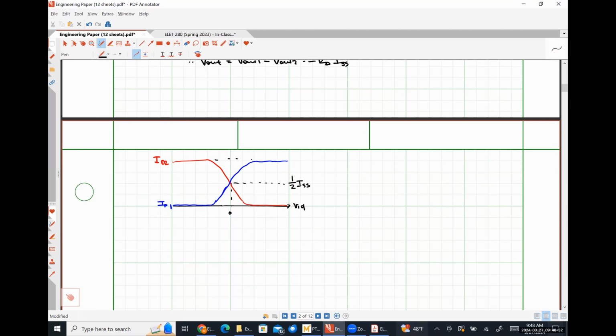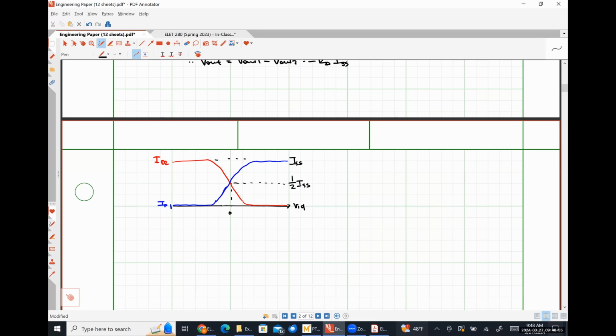And this topmost value up here corresponds to a current of ISS. So all I'm trying to illustrate here is effectively that this device also provides current steering. Whichever side we apply our input voltage on drives more current to that side.